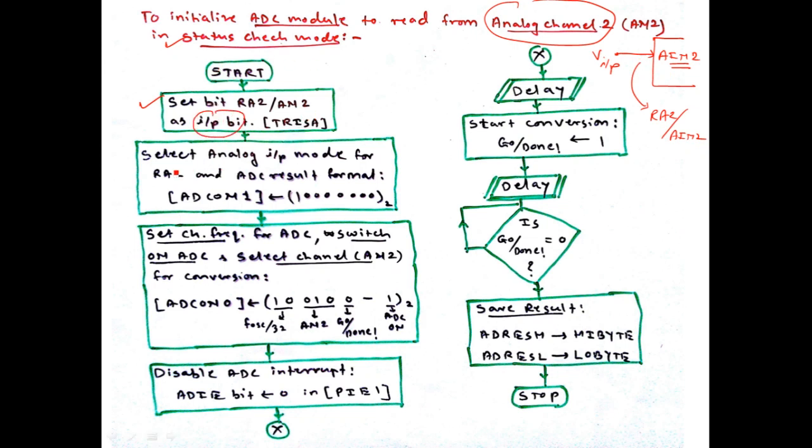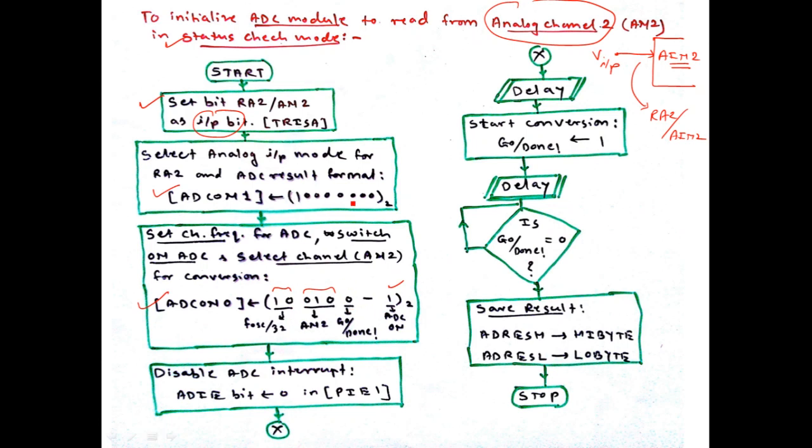So for the TRIS register, then you put the appropriate bit pattern in the ADCON 1 register, and the appropriate bit pattern in the ADCON 0 register. We have seen these bit patterns accordingly, right? You select the clock frequency, you select the channel, the GO bit should be initially 0, and switch on the ADC.